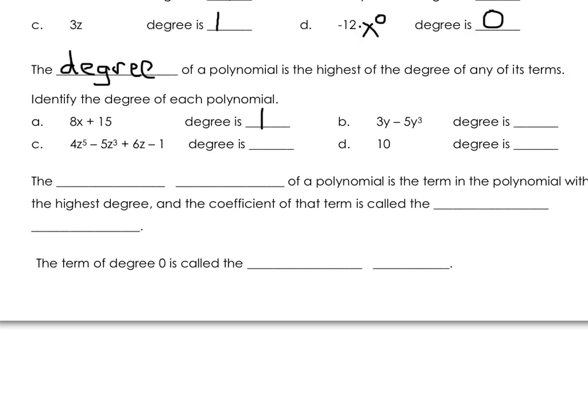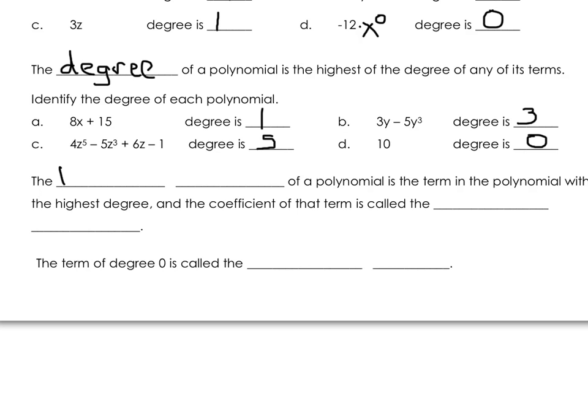It's 1. 3y minus 5y cubed. First degree, third degree. So the degree of the polynomial is 3. 4z to the 5th minus 5z cubed plus 6z minus 1. What's the degree? 5. 10. There's no variable, so the degree is 0.